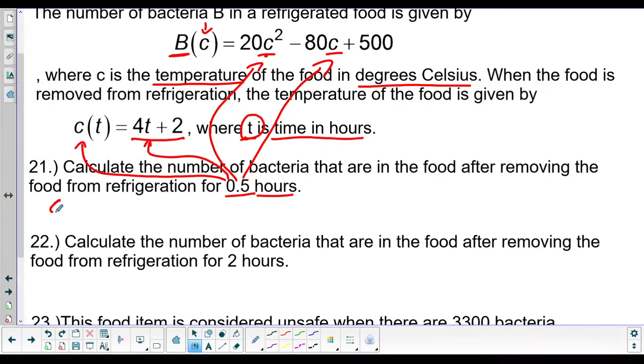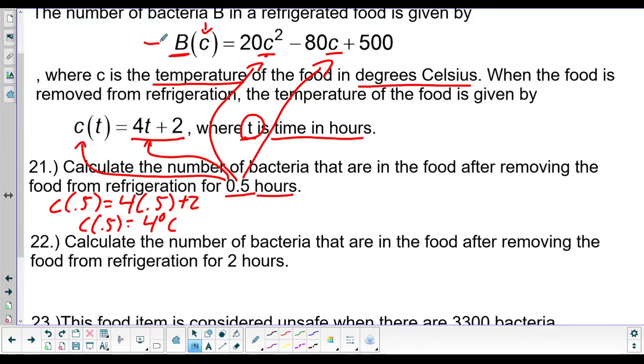So we're going to start by doing C of 0.5 equals 4 times 0.5 plus 2. 4 times 0.5 is 2. Plus 2 is 4. So C of 0.5 equals 4 degrees Celsius. Okay. Now we know our temperature is 4.